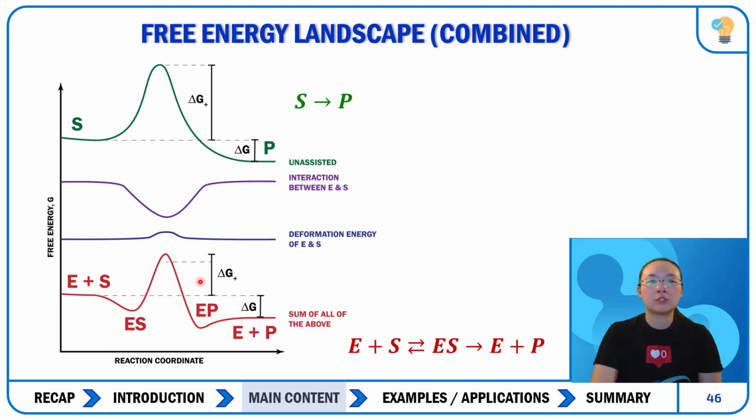And that gives you a sum of all of the above that has the enzyme plus substrate creating an ES complex, and then that gets split up into an enzyme plus a product. So keep in mind, this last part is not a reversible reaction. So that's important to remember.